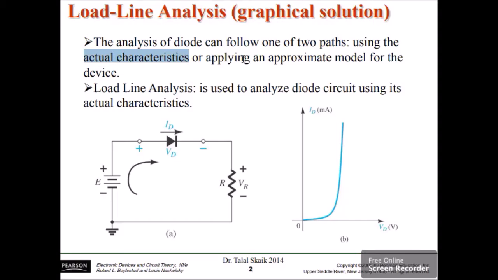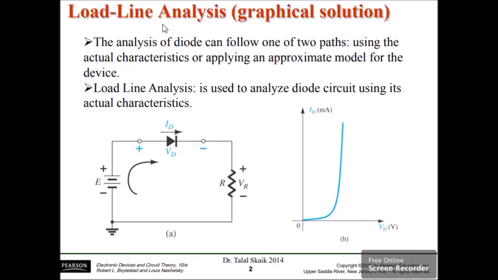Let's say for example we don't know whether this is the actual or approximation, who knows; as of the moment we know we have this characteristic of diode. For load line analysis, we use it to analyze a diode circuit using its actual characteristic. That's this one. We are analyzing this diode based on this characteristic.